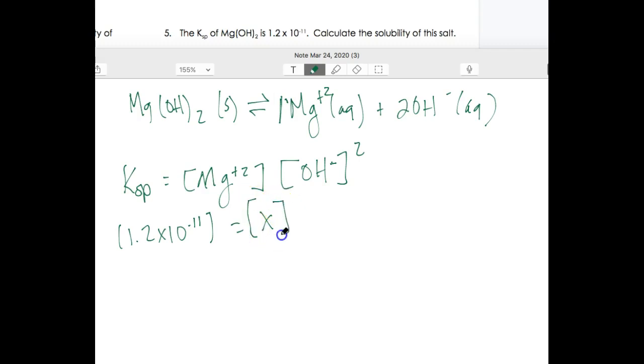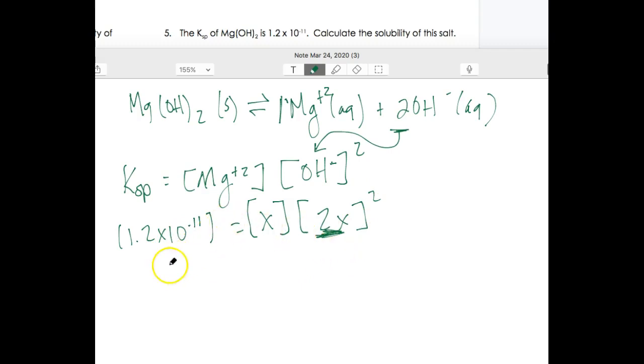And then we don't know what OH is, so we're going to leave that as 2x to the second power. So remember, the concentration has doubled what x is, so you have to put a 2 here. That's what makes this question difficult. You have to put a 2x there.